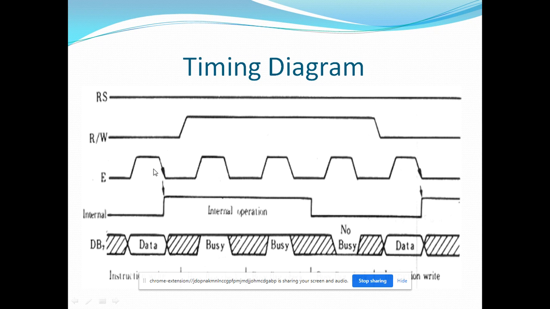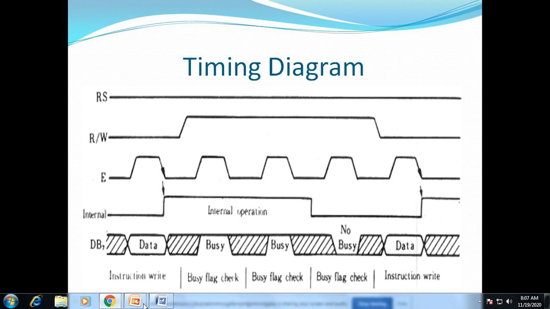Here you need to apply a high to low pulse continuously for enabling the LCD. And you can write data in this way. Here you can check the status of LCD, whether LCD is busy or free, to get the next byte of data. Otherwise you can write data continuously to LCD.